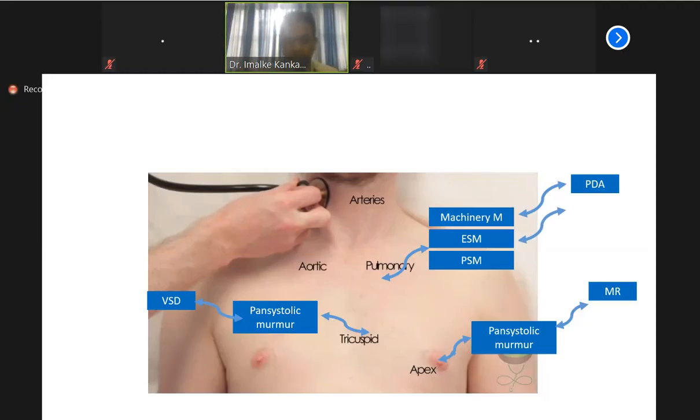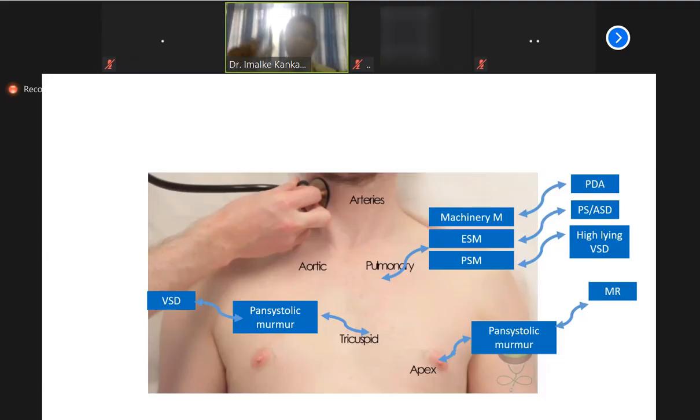And if you hear an ejection systolic murmur in the pulmonary area, there will be two diagnoses specifically. That's pulmonary stenosis and ASD. It's a matter of differentiating that too. I'll come to that next. So a pansystolic murmur in the pulmonary area means some VSDs can be high-lying, right?